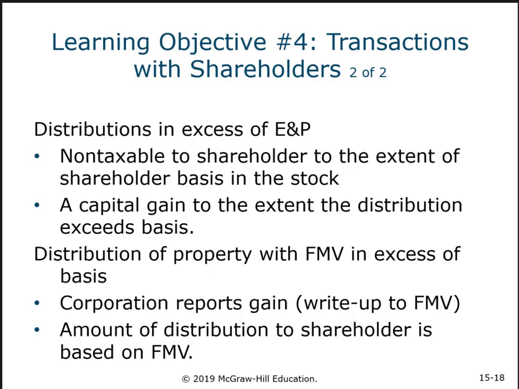So the corporation is giving back the money that the shareholder originally put in for their stock. All right, and that is not taxable to that stockholder. So the stockholder receives a dividend, that's taxable. The additional amount pays back the basis in the stock, that's non-taxable.